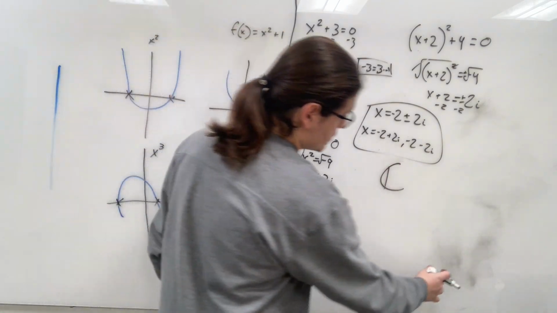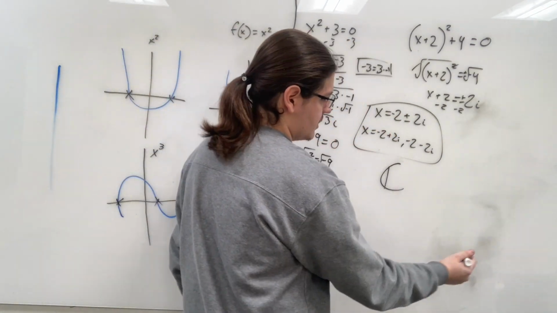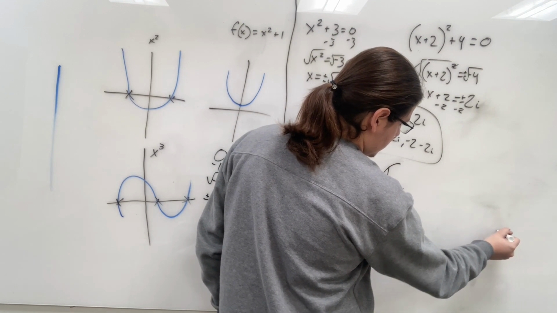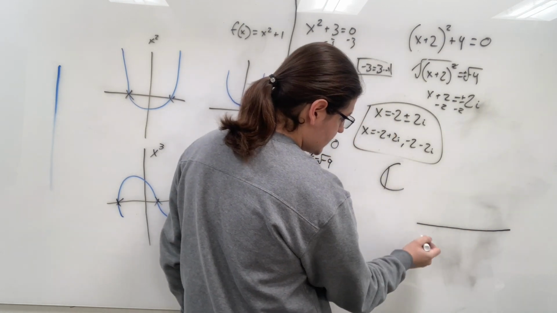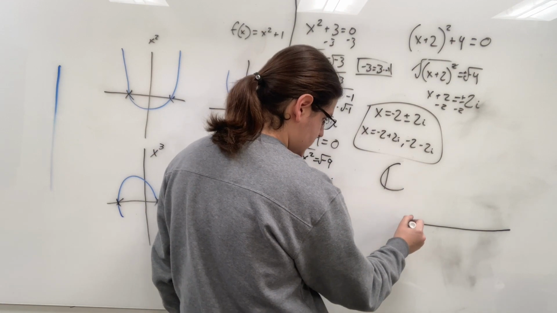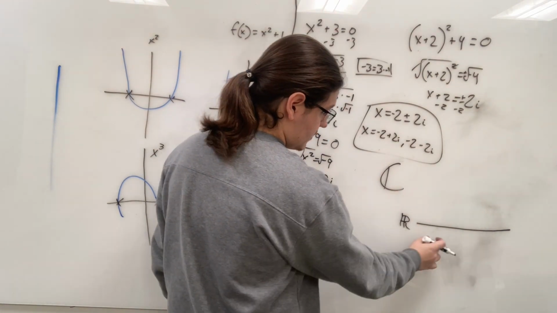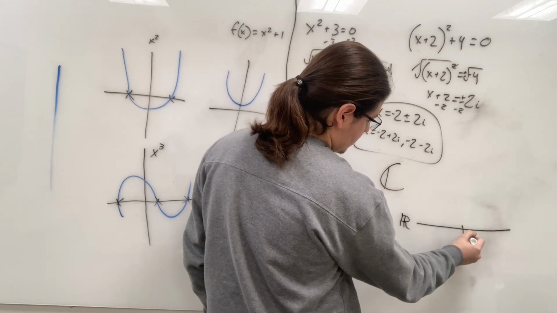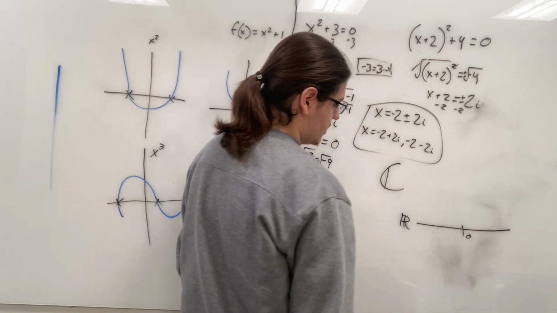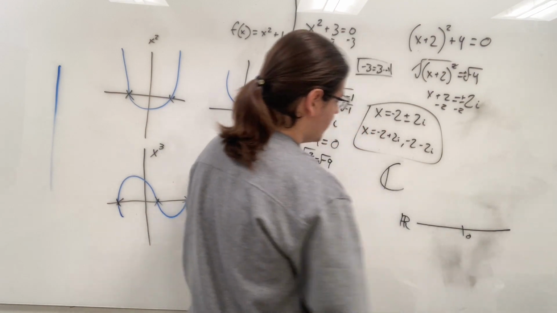So I'm just going to draw a number line right here. And this will be our real number line. I'm just going to call this real. This is our real number line with 0 as our center. And then it goes on.